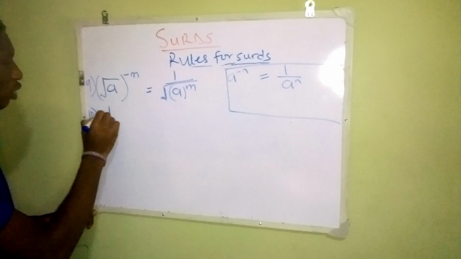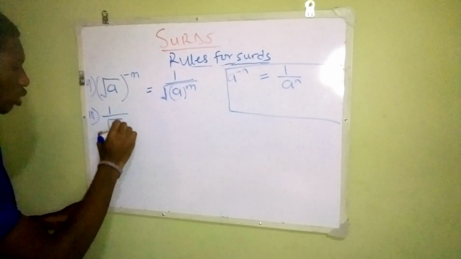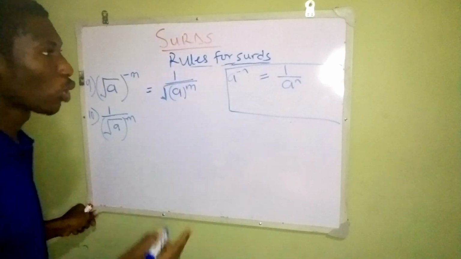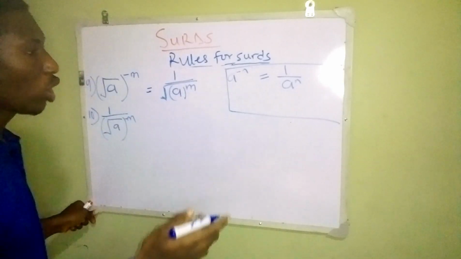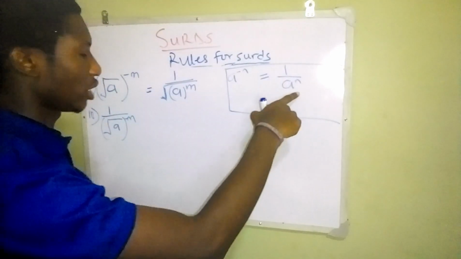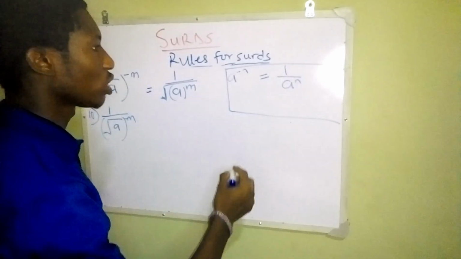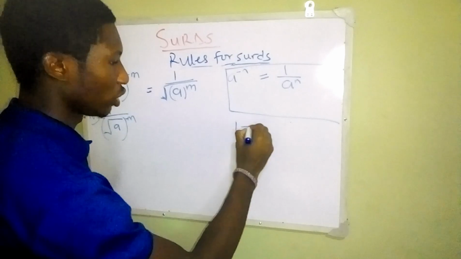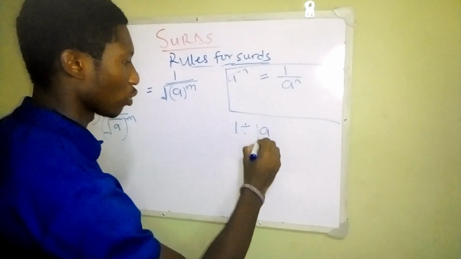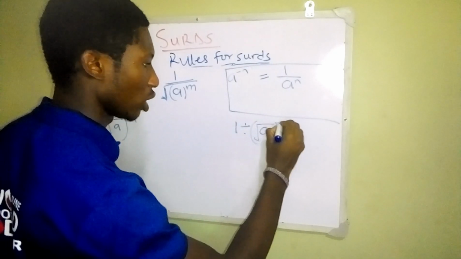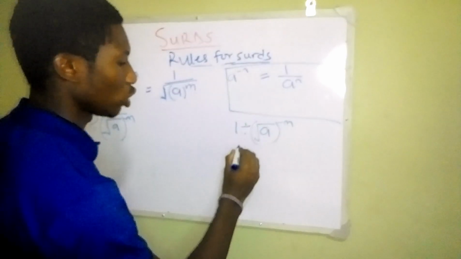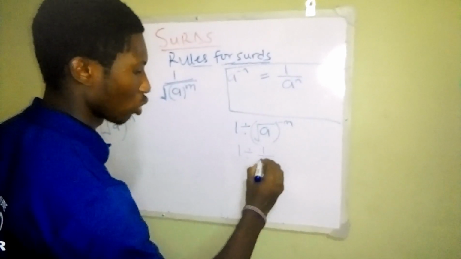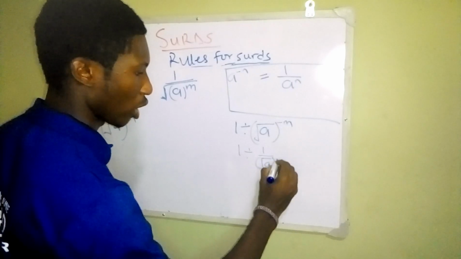is 1 all over square root of a, all raised to the power of negative m. Again, from your indices, recall if I have something like this, what it therefore means is I can write this expression as 1 divided by square root of a raised to the power of negative m. And I can write this as 1 divided by 1 all over square root of a to the power of m.